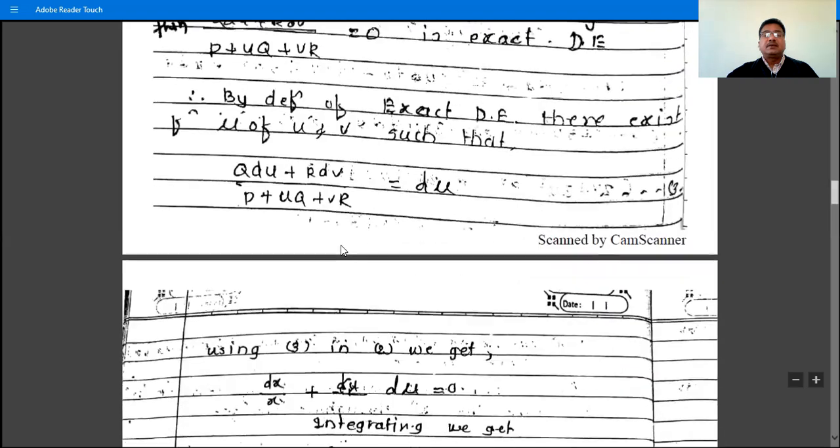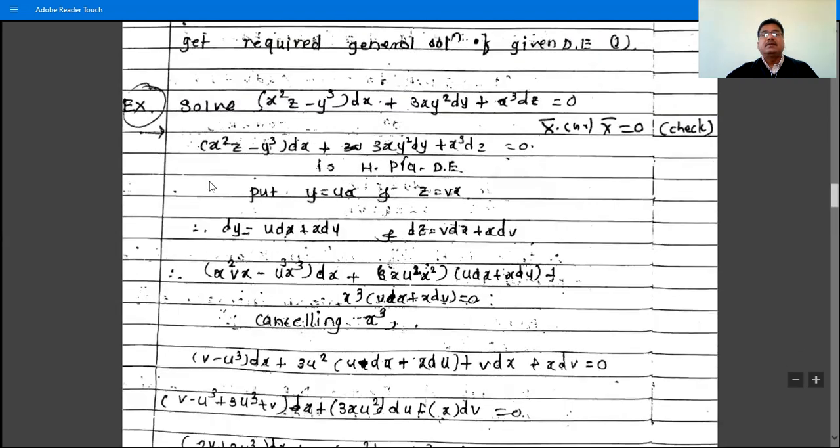So if we observe this problem, suppose this is the Pfaffian differential equation, a homogeneous Pfaffian differential equation of degree 3.